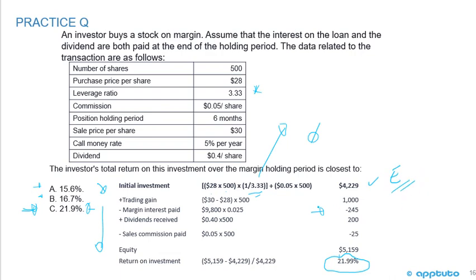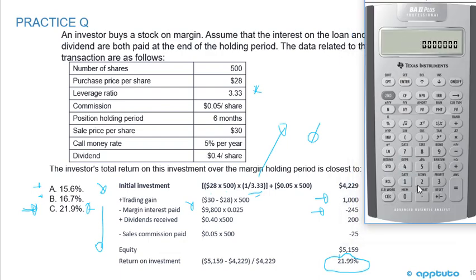The trading gain is easy to understand. It's $30 minus 28, $2 per share times 500 shares equals 1,000. But here we had to have our interest paid, okay? So our initial equity was 4,200. So if I just bring up the calculator again very quickly, we're going to see that, okay, I did 500 shares times 28.